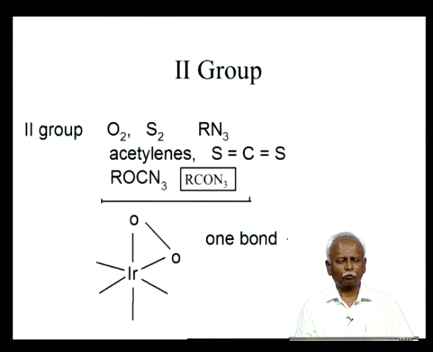So, let us take the second group. In the second group or class of molecules, we have a unique feature: the molecule has two parts which are adding to the Vaska's complex, the representative of all the molecules which undergo oxidative addition. And during the addition, one bond between the two parts of the addendum is retained.